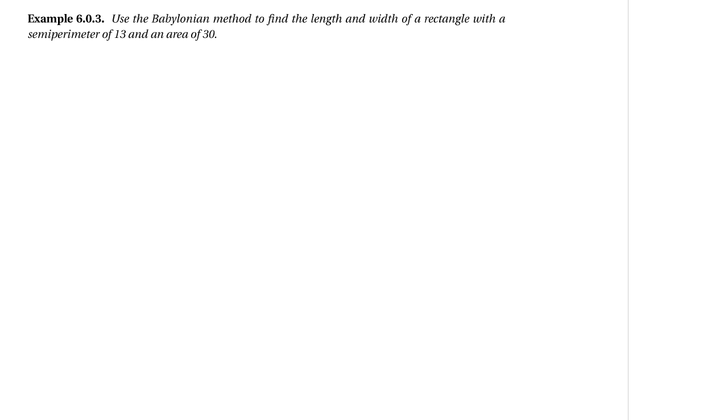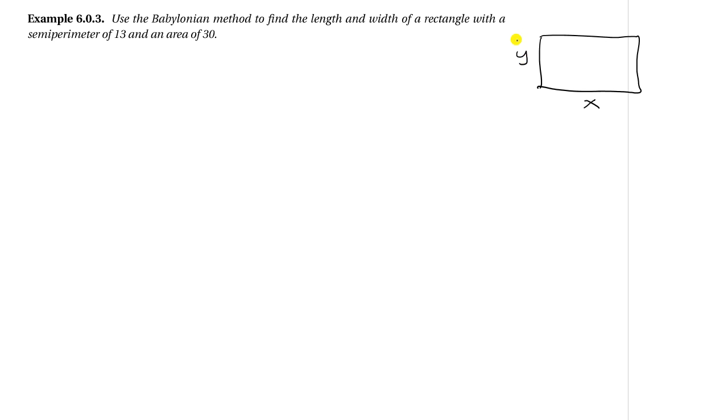So it says, find the length and width of a rectangle with a semiperimeter of 13 and the area of 30. Okay? So we have a rectangle, and semiperimeter is what? Let's say width is x and length is y, whatever.